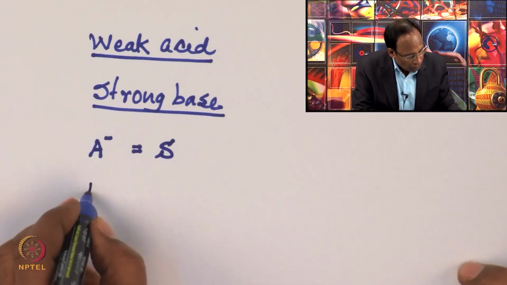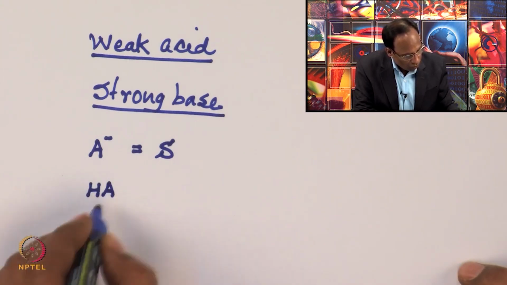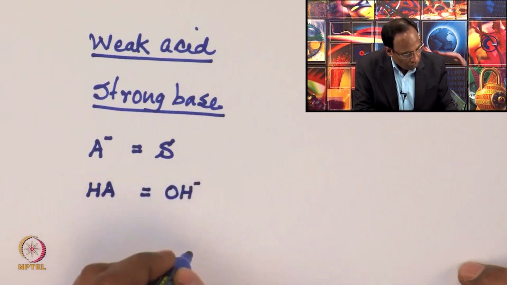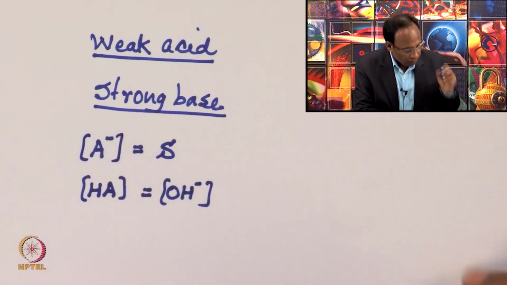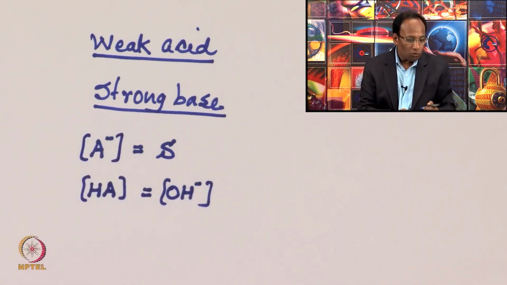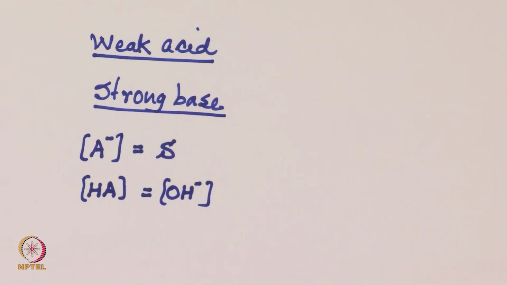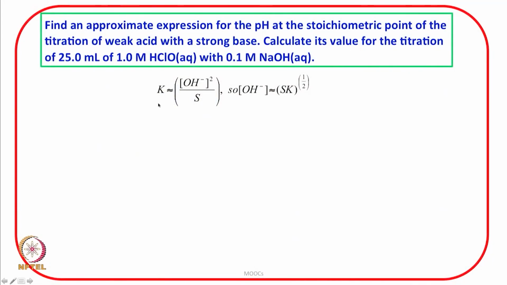And whatever is the concentration of HA and whatever is the amount of H3O plus it produces, this I will equate equal to, let me write these as the concentrations, OH minus. These are the two approximations that I am going to use. So, therefore, equilibrium constant is equal to OH minus square over S.